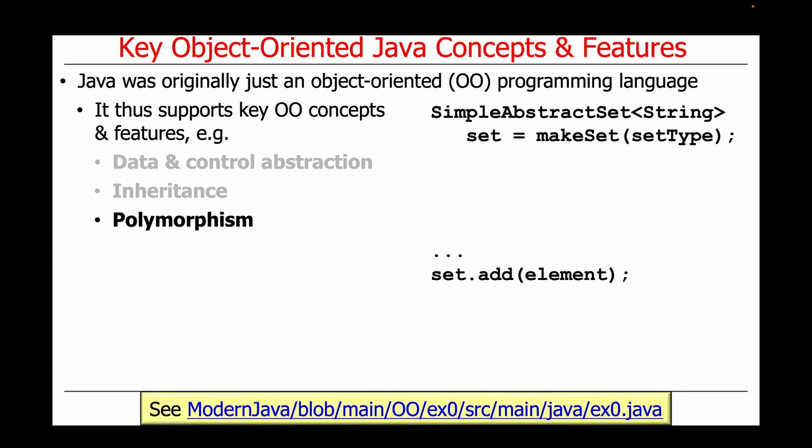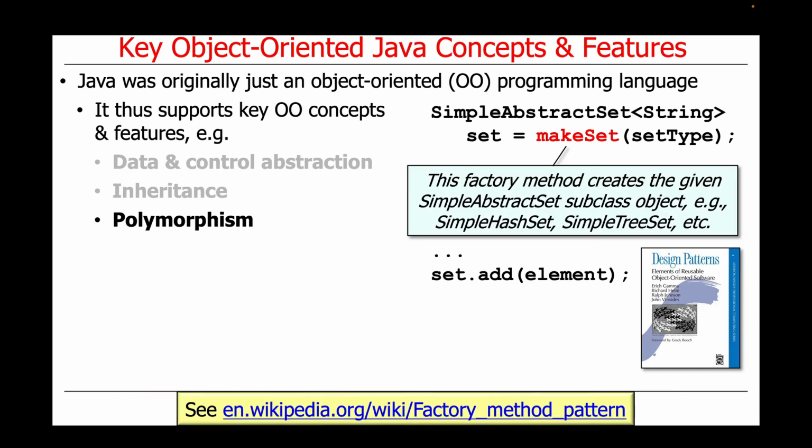For example, when we take a look at the main driver program for our EX0 case study later, we'll see that there's a factory method called makeSet. And this factory method takes a string, which is the type of concrete object it wants to create, such as a SimpleHashSet or a SimpleTreeSet or a SimpleConcurrentHashSet.